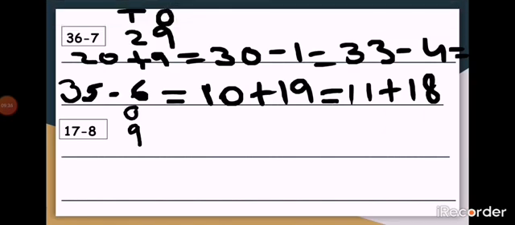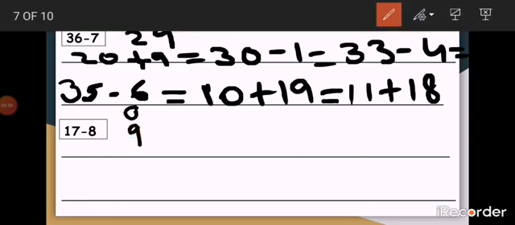Now, I hope it's very easy to make the calculations for 9. So, can you tell me? Yes, 3 plus 6. Or you can make 2 plus 7, 1 plus 8, 4 plus 5, 5 plus 4, 6 plus 3, 7 plus 2, 8 plus 1, 9 plus 0. These are all the calculations.